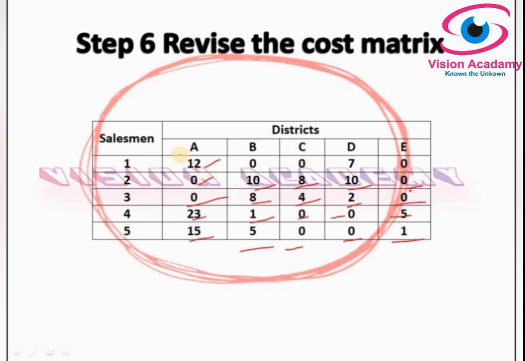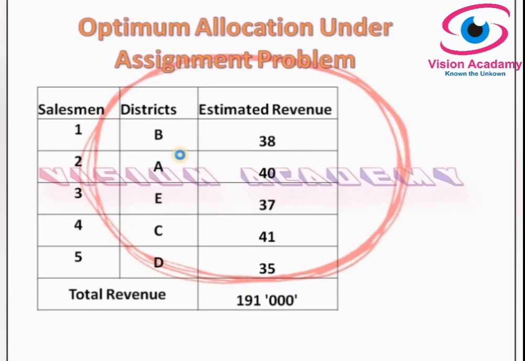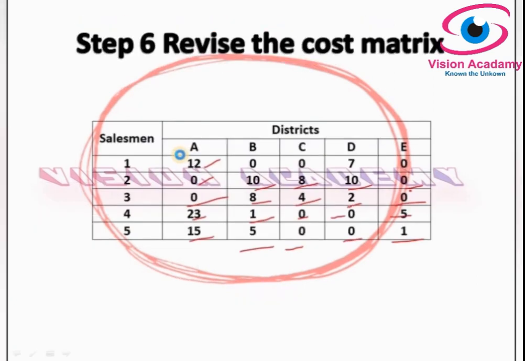Okay, so after revising the cost matrix, now you should start the procedure from step number 4. Step number 1 is to check the square matrix. Step number 2 is row reduction. Step number 3 is column reduction, which is already done and no need to do it again.